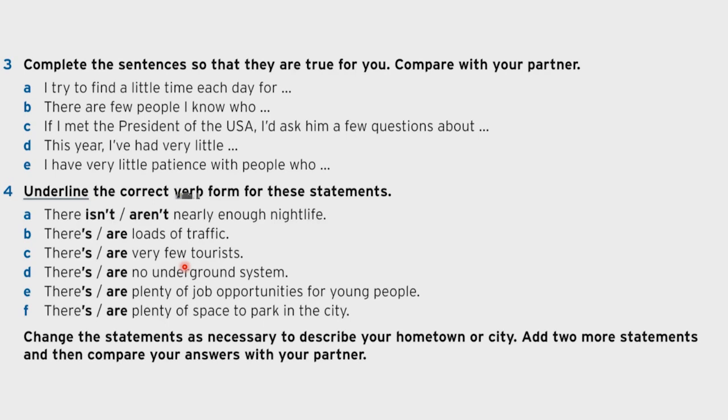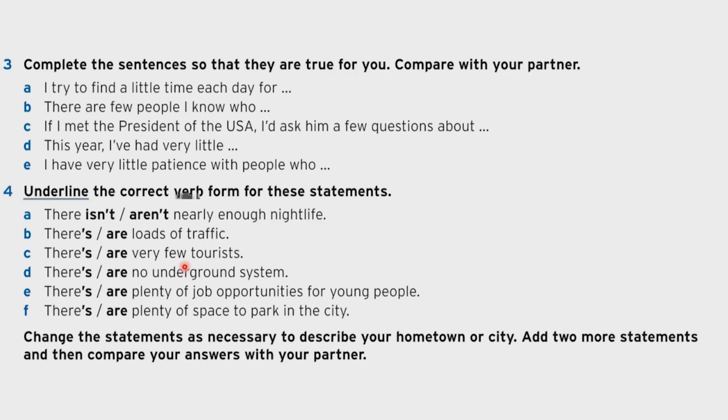All right, in the next exercise we have change the statements as necessary to describe your hometown or city. So you're going to rewrite these sentences, but you're going to change a little bit of each of them so that they are true for Reynosa in this case. For example, here it says there are very few tourists. Well, I think that in Reynosa there aren't any tourists, so you can say there aren't any tourists.